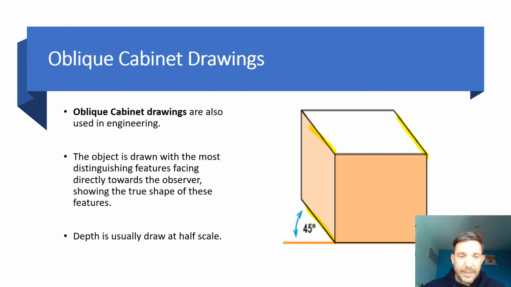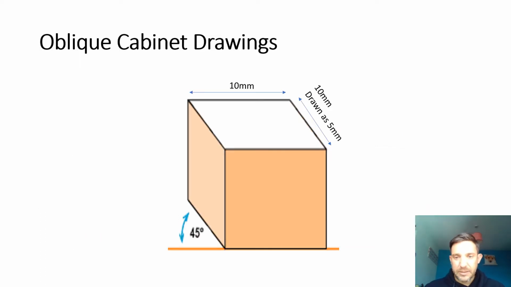Now, with oblique cabinet, and only oblique cabinet, the depth scale is drawn half size. So let's have a look at what that means. So this is an oblique cabinet cube. It's the same one that was on the previous page. This is a 10 by 10 by 10 cube still.